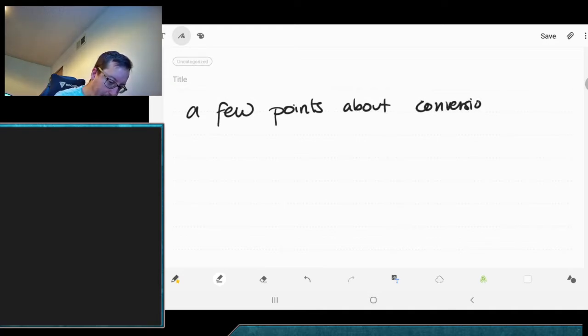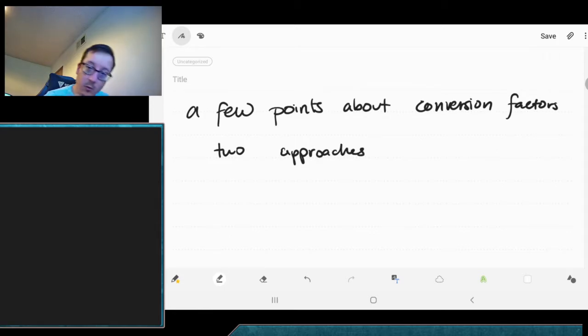We're going to see that for many of the things that we're going to talk about later on in the course, there are going to be two main ways of approaching a variety of problems. Some work best for certain people.